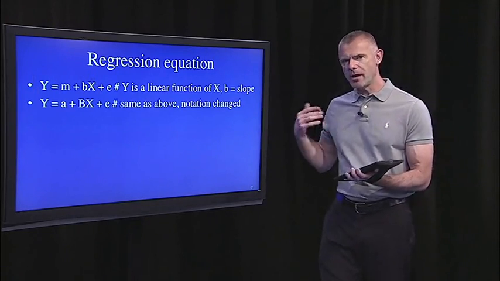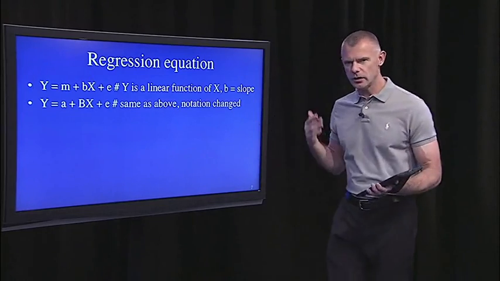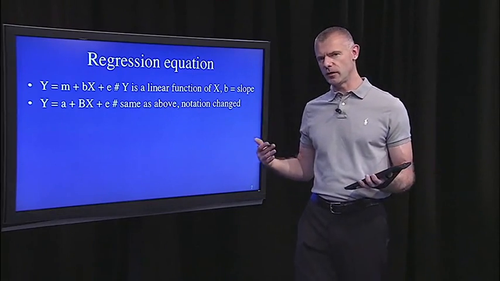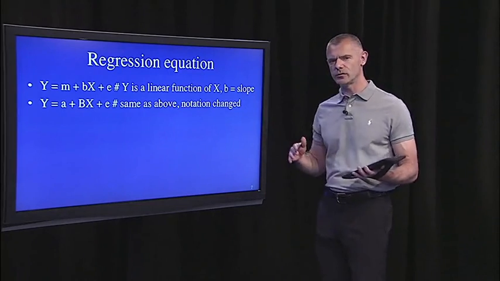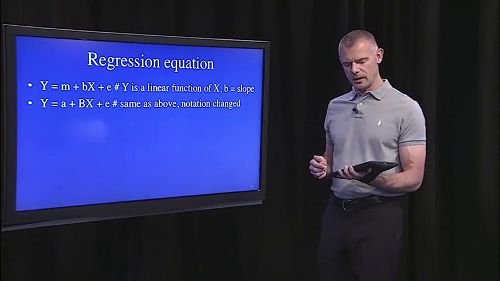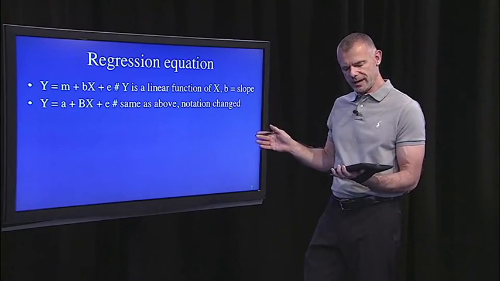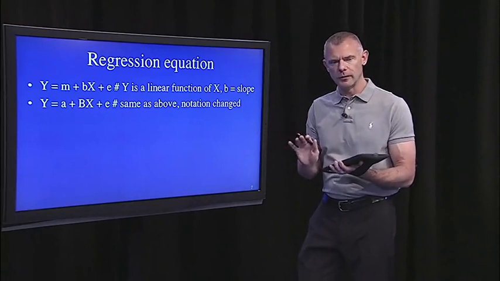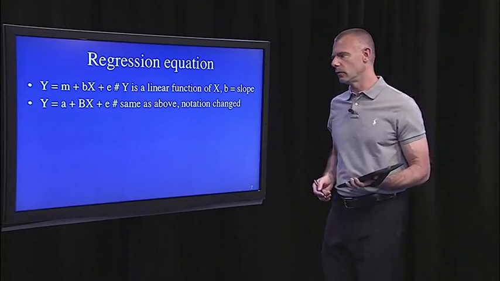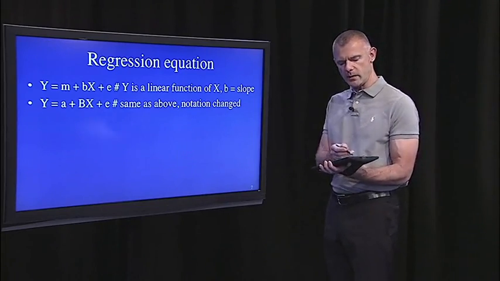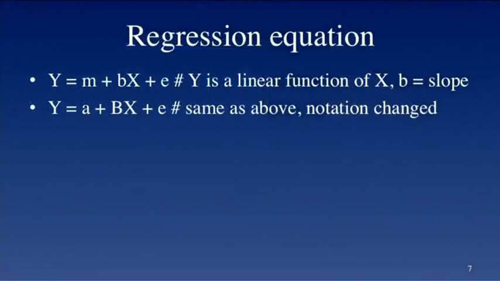So again, by way of just clearing up terminology and confusion over notation, as I said, I've taught this material many, many times, and students get confused sometimes over notation. You may see the regression equation presented if you just Google regression, or go to Wikipedia and look up regression. You may see just the formula for a line, which is y equals m plus bx, where m is the intercept, b is the slope.